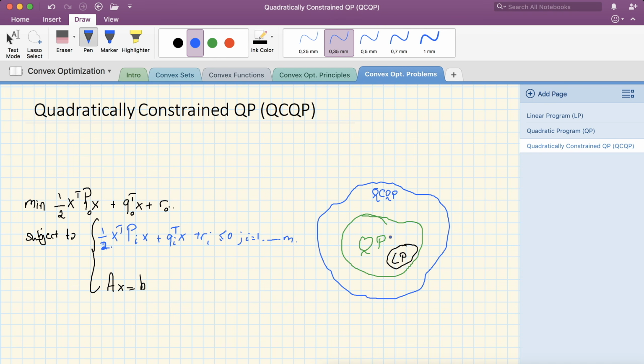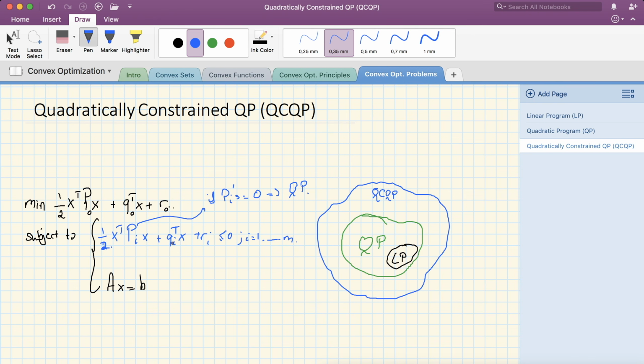To see QP as a particular instance of QCQP, all you have to do is set your Pi's to 0. If all my Pi's are equal to 0, then I get a QP problem. Okay? So what are we doing really in a QCQP?